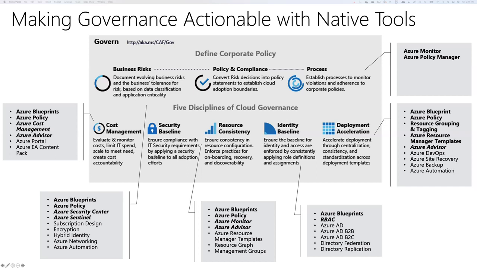Now, what I want to dive into is the Coretek AMS tool and how it actually leverages some of the Azure native tools, some of our own scripted processes, into giving you a single pane of glass to really understand what is happening in your environment from all 5 pillars of governance.